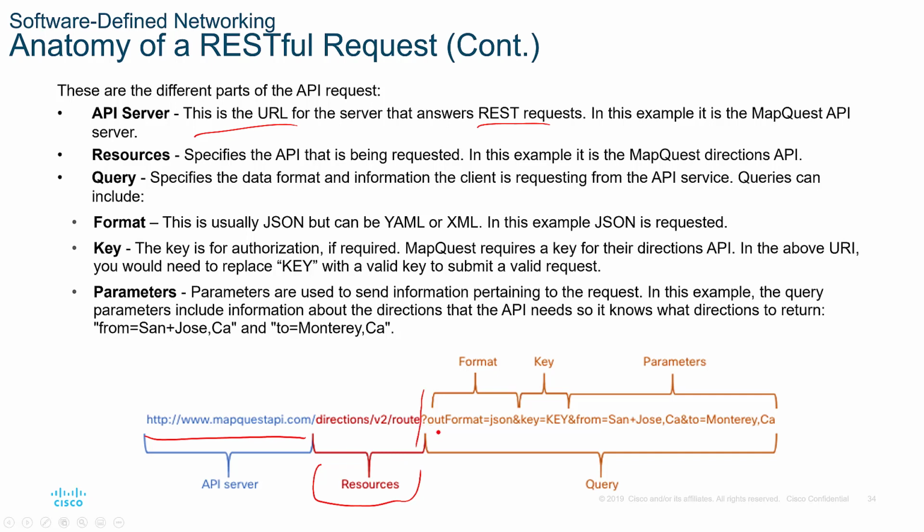This is usually JSON, but could be XML, could be something else. However, in this example, we're using JSON. For JSON, that's going to be the entire query string broken up into key parts. We have the format portion, question mark to the ampersand. We have our key, and that's going to be to the ampersand. And from our ampersand forward is going to be our parameter. That's going to be our return search string.